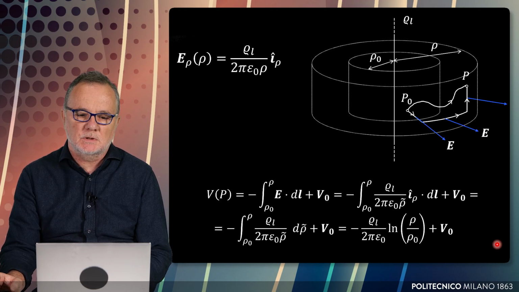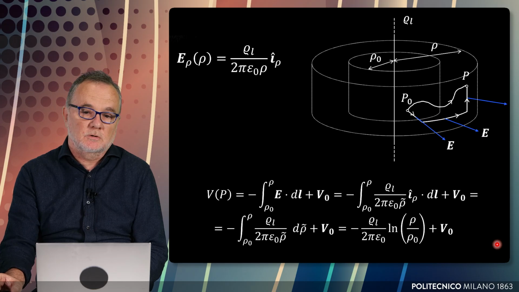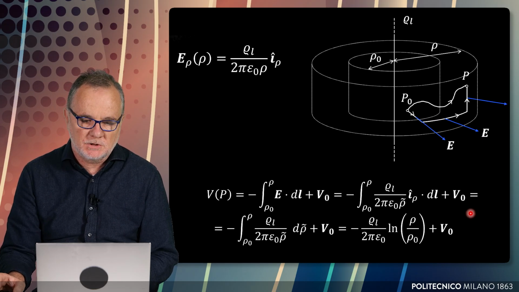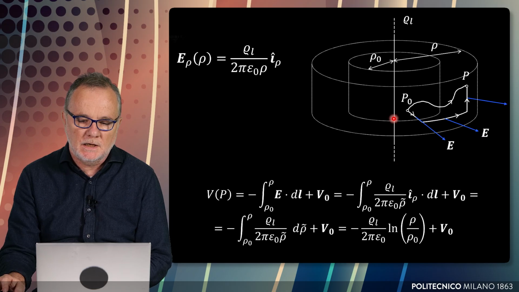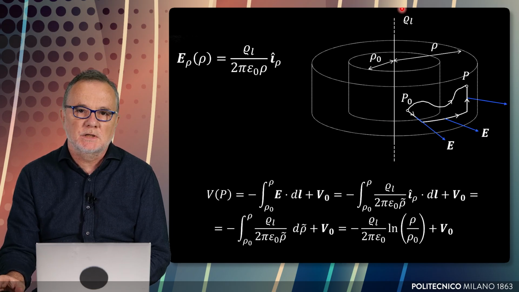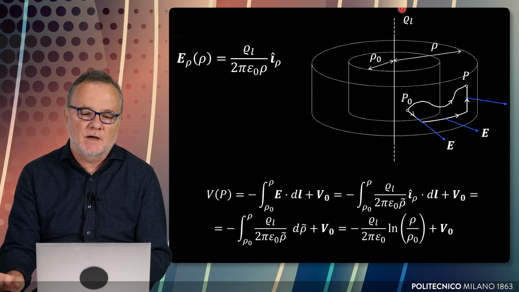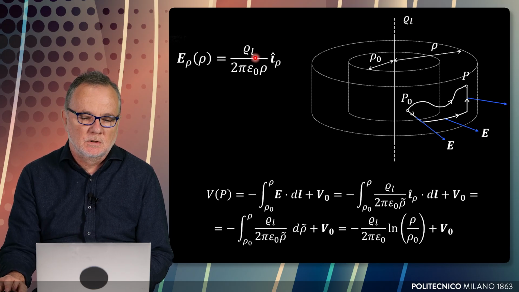In 2D problems, the situation is a little more difficult. You see, the electric field produced by an infinite line charge whose linear density has a finite value, let's say rho L, is shown here, and its dependency on distance is 1 over the distance from the line charge itself.